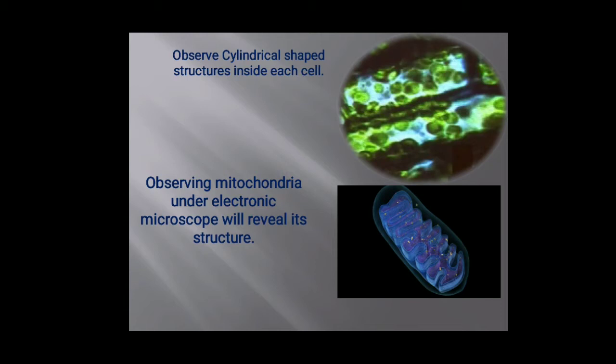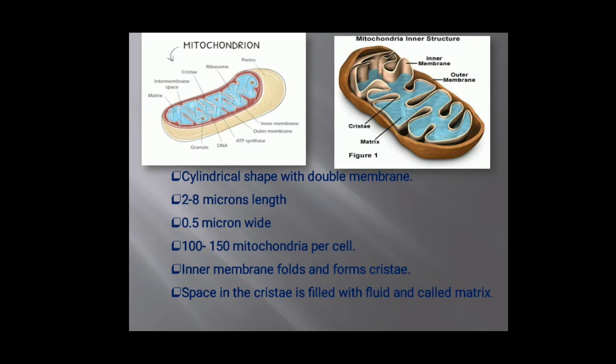If you want to know the structure of mitochondria, you have to observe it under an electron microscope. Only an electron microscope can reveal the structure of mitochondria. Mitochondria are small, spherical or cylindrical cell organelles.